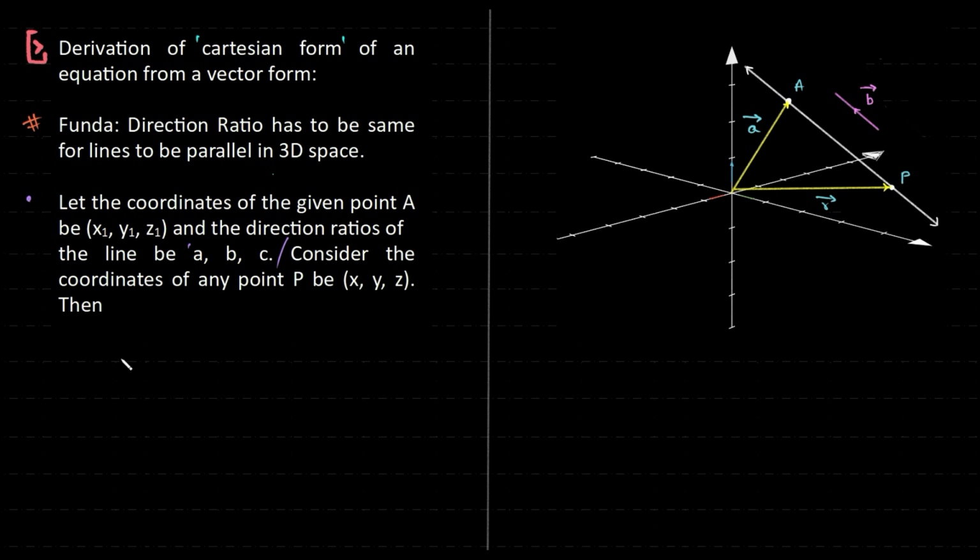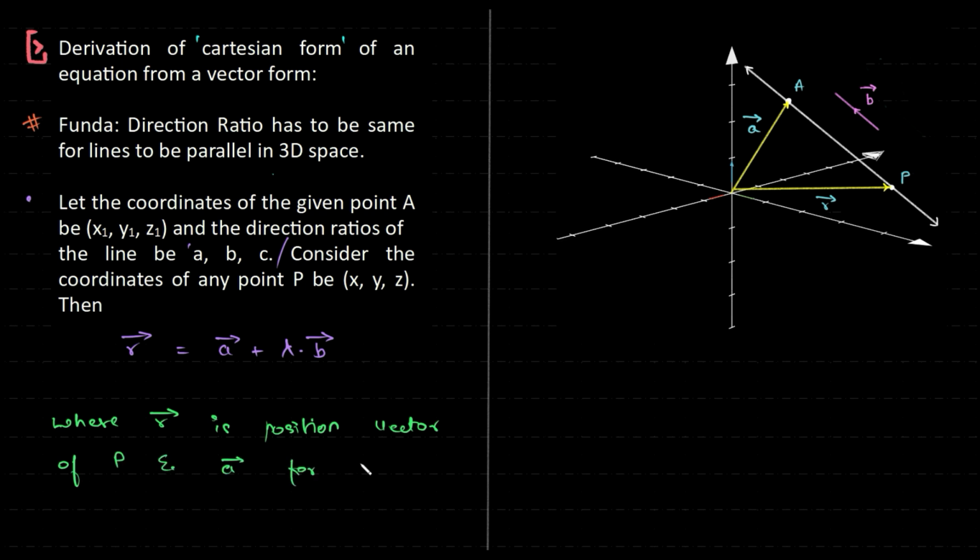So we have derived this and came up with r equal to a plus lambda times b, where r is the position vector of P and a is the position vector for point A. Anyway, we already mentioned it.